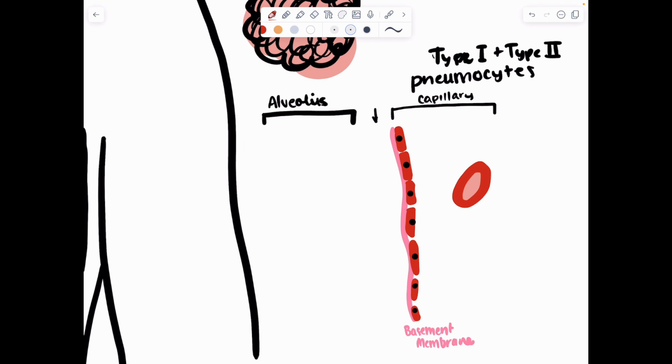So if we go on the alveoli side, we start with the epithelial basement membrane. So here's the basement membrane for this one. Then we have our alveolar epithelium. That is going to have some of our pneumocytes in it.